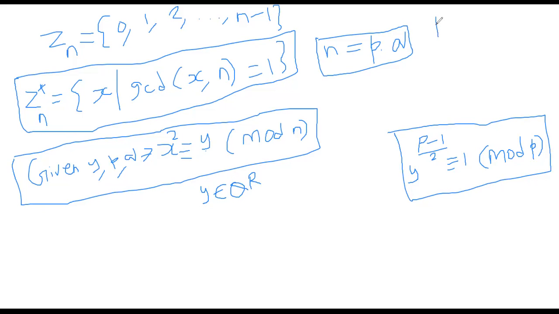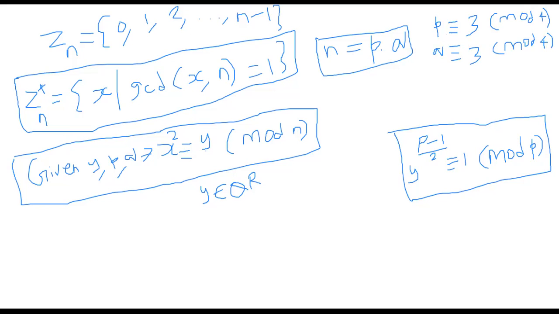If we assume that p is congruent to 3 mod 4 and q is also congruent to 3 mod 4, this is called a Blum integer, by the way, we can easily find the square root. I must say there are 4 square roots in the context of Zn star with n being the product of 2 primes p and q. We talked about this in other segments, so please watch that.